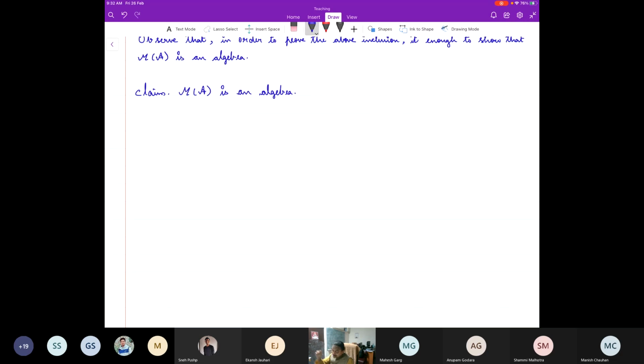Right. So how do you show that it is an algebra? The three things that we wanted are that it has the empty set, that it is closed under complementation, and that it is closed under finite union.